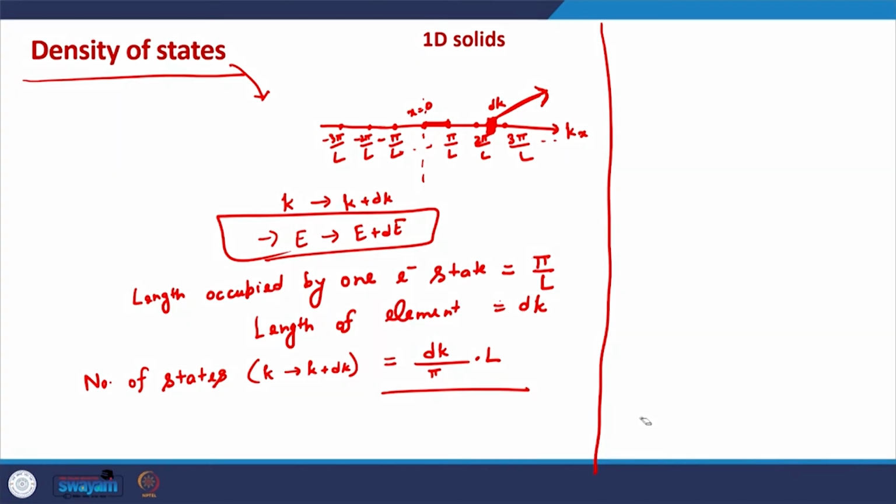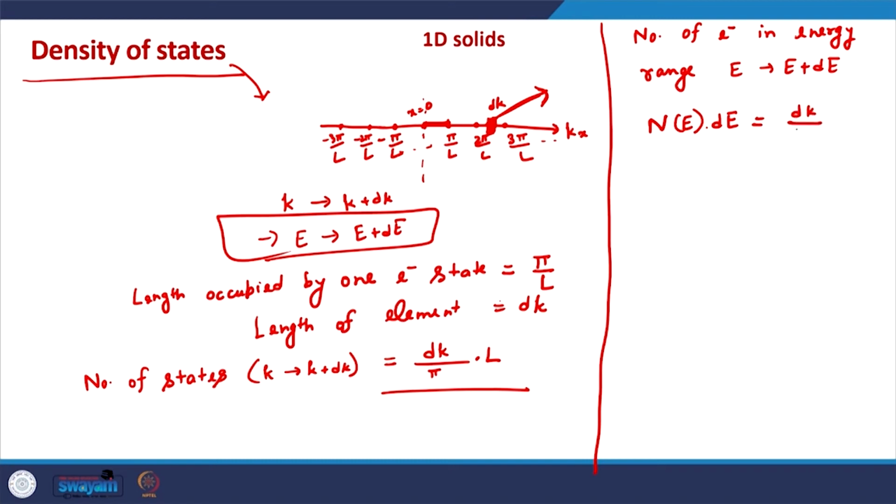So, the number of electrons in energy range from E to E plus dE is, which is described as N(E) times dE, this will be equal to dk by pi times L.